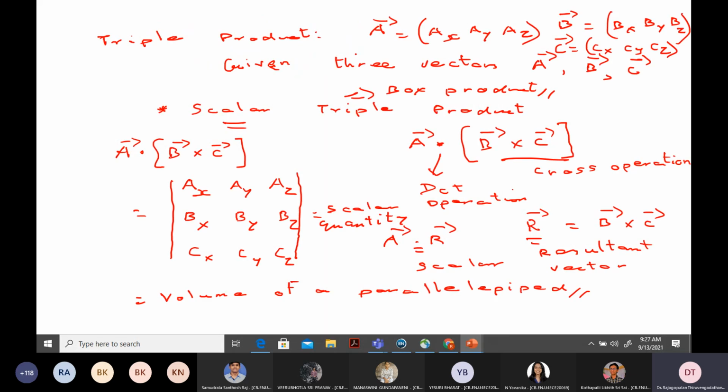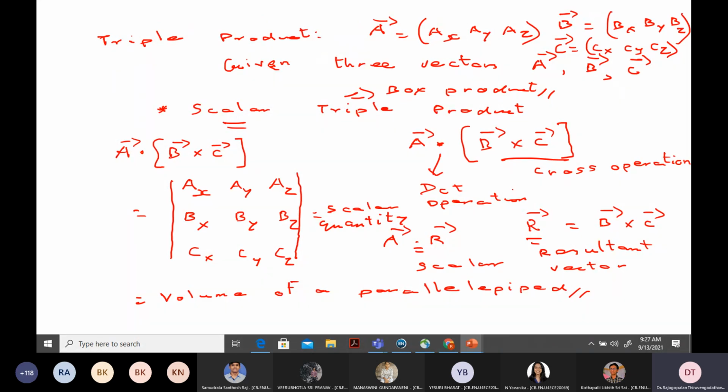Now, what is the vector triple product? Vector triple product is, given three vectors, A cross B cross C. Before that, I need to tell you something.